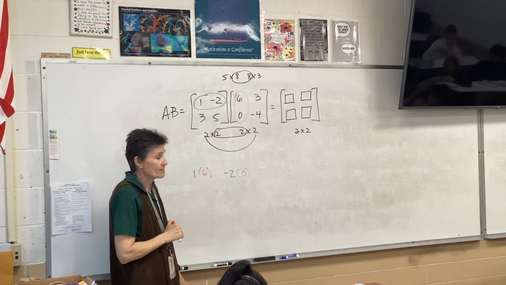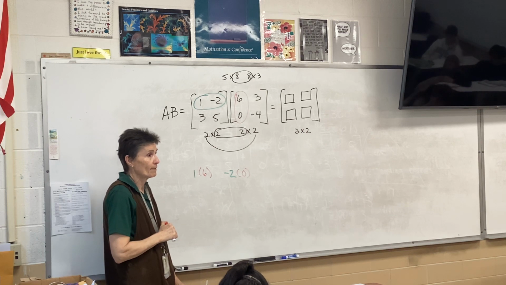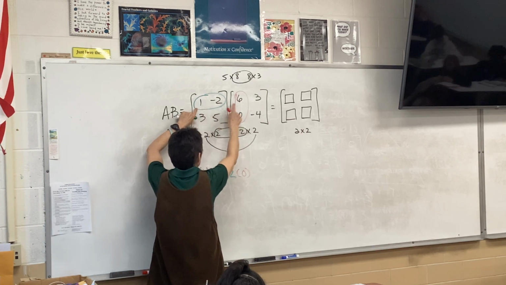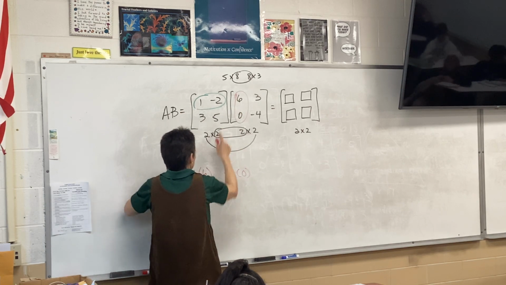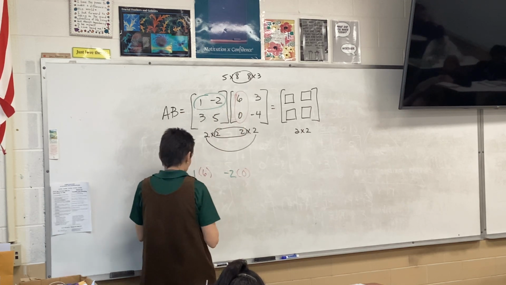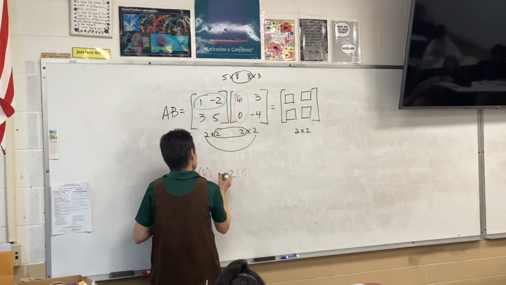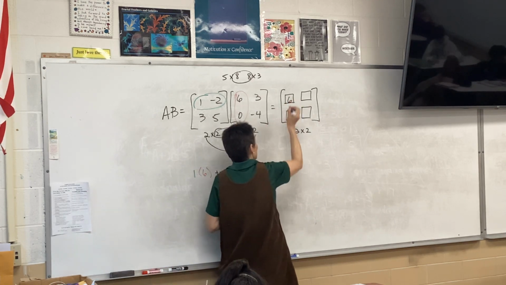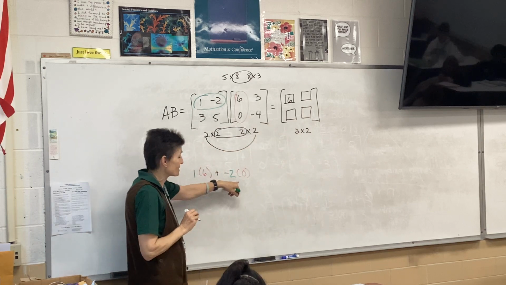So look at my color coding. This is the process. These are called inner products. This is how we do it. So I take 1 times 6, -2 times 0, and I add them together, and that is the number that goes in that spot. So that's going to be a 6.